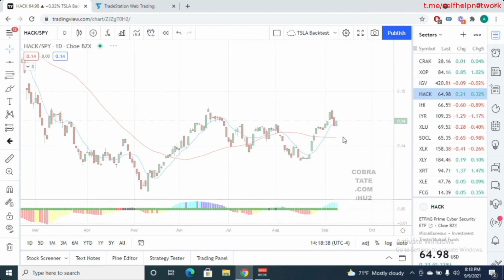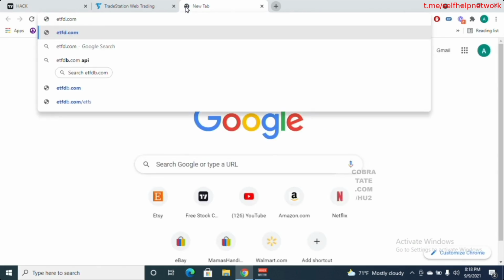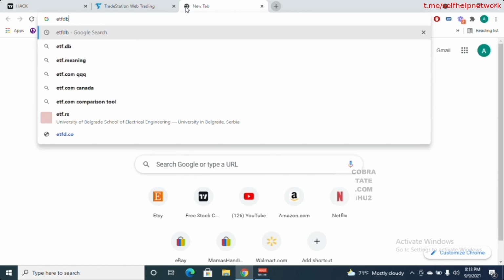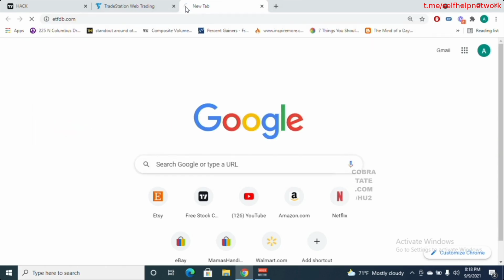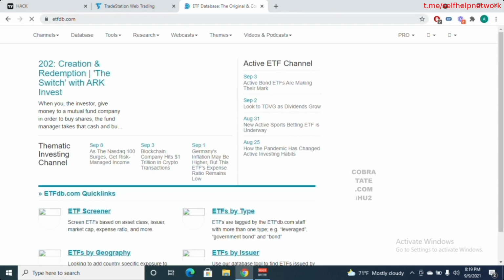You can look at the components of hack on Google, or there's a website called etfdb.com. So this is the database of all ETFs. You can find all components here. Once I have it, I can search for the components of hack in here and be done with.